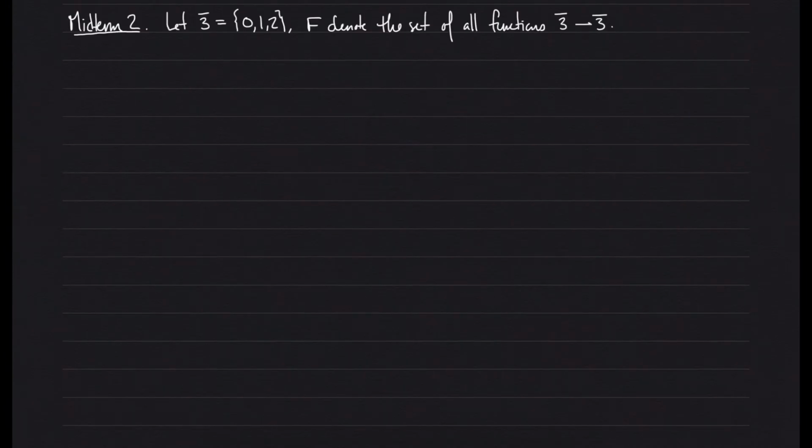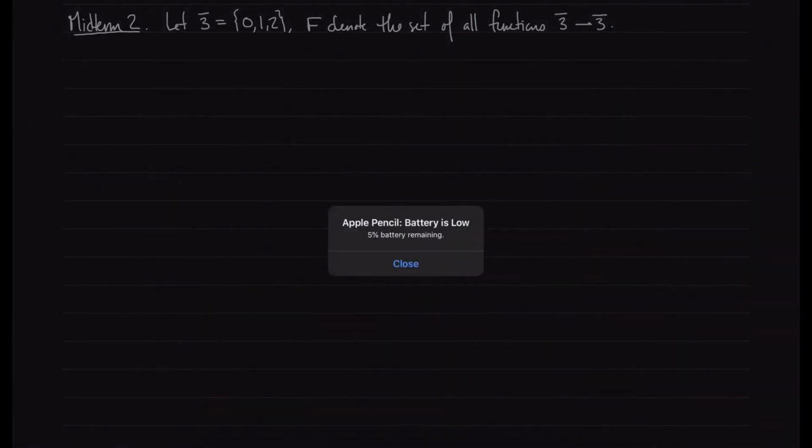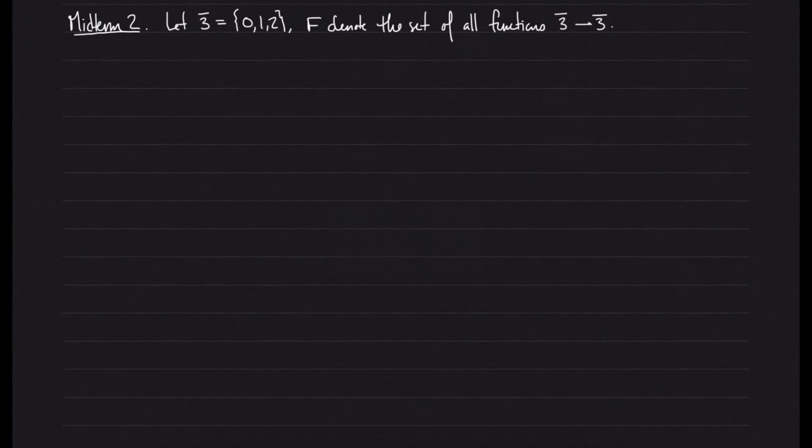Okay, so now we're looking at the problem from midterm 2 that pertains to LO6. Again, we have this 3 over bar, similar to the 2 over bar and the 5 over bar. This is the set that consists of just 3 elements. And we're going to let F denote the set of all functions from 3 to 3.